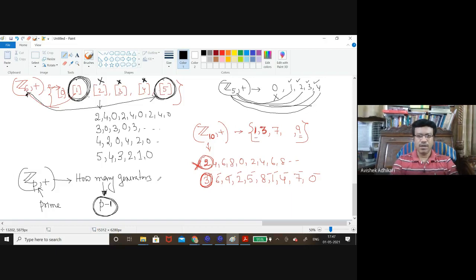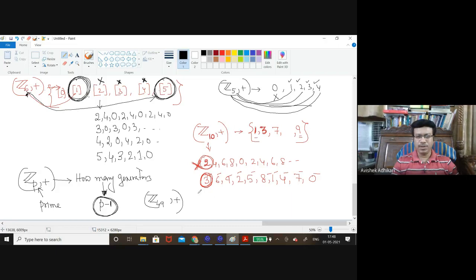Now, if I ask you a little more, how many generators of, say, Z_49? Then you have to calculate who are the numbers that are relatively prime to it.